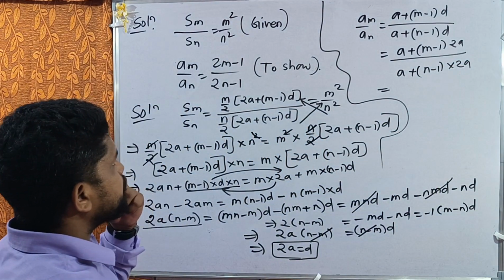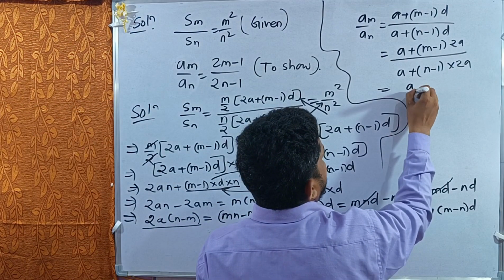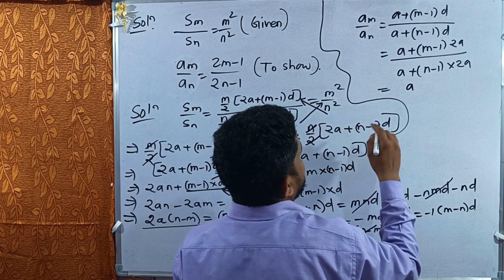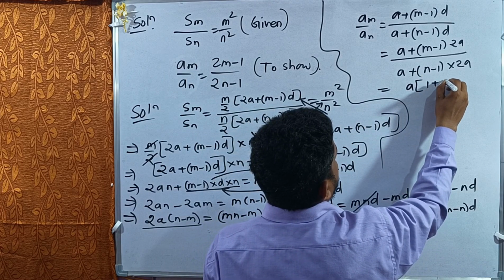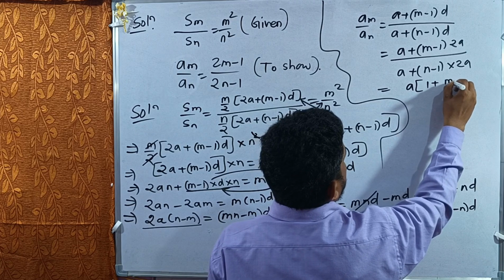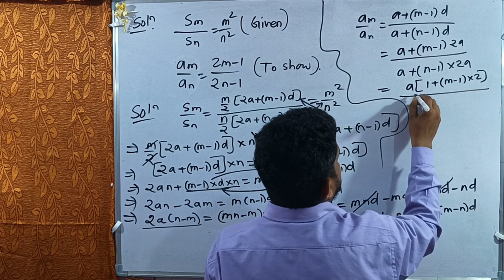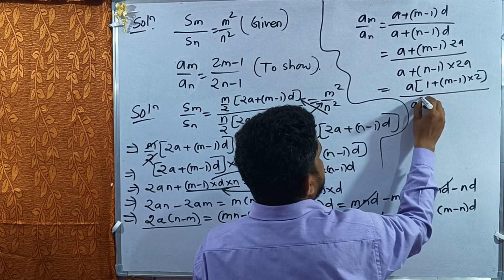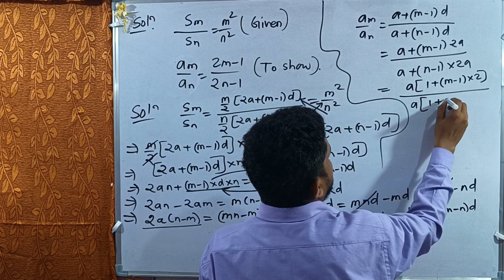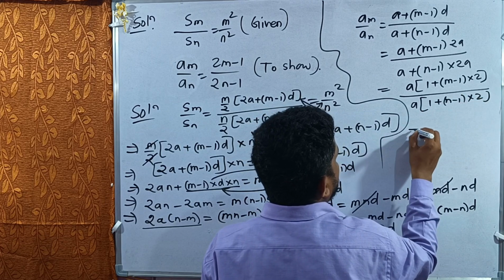Taking a as common, we get 1 plus (m minus 1) into 2 in the numerator and 1 plus (n minus 1) into 2 in the denominator.